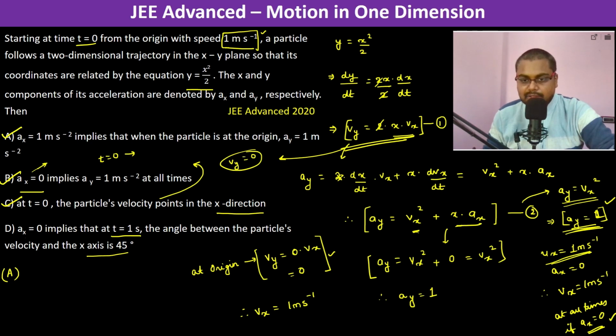Ax equal to 0 implies that at t equals 1 second, the angle between the particle's velocity and the x-axis is 45 degree.